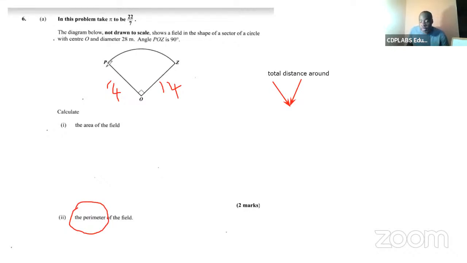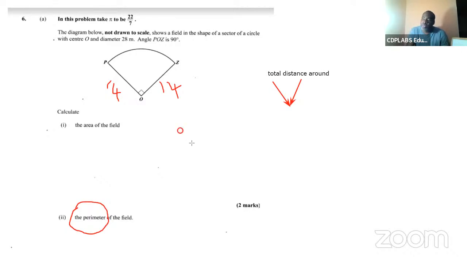Nobody's answering? Oh, I see a message coming in. Repeat: what fraction of the circumference is the arc length? The circumference of the circle, what fraction of it is the arc length?